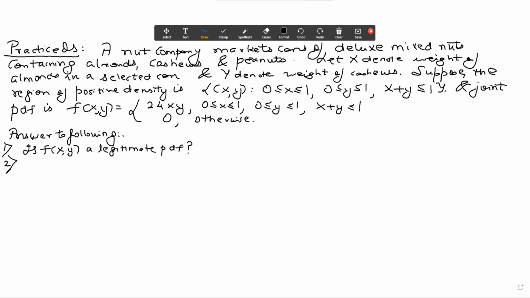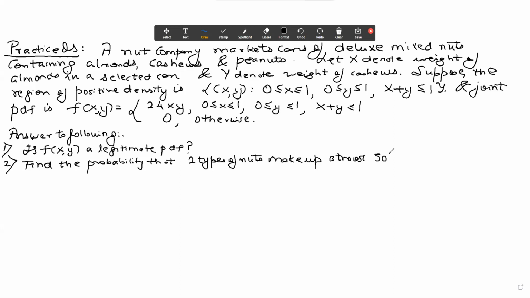Second part, they ask us, find the probability that the two types of nuts make up at most 50% of the can.